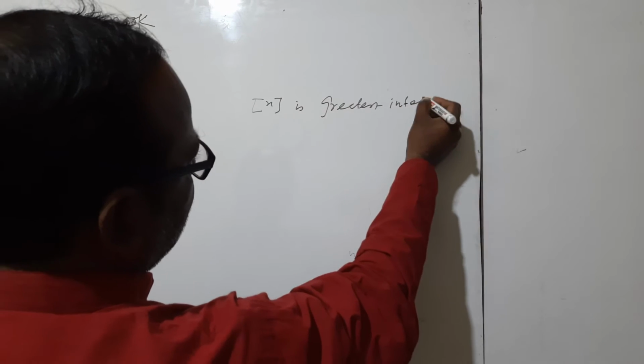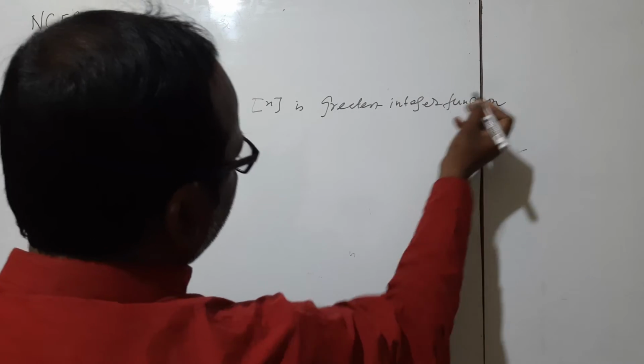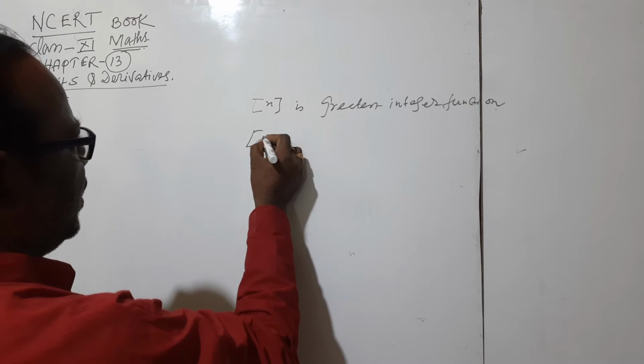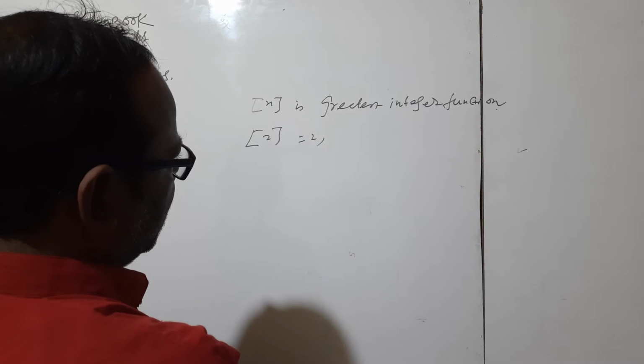Greatest integer function. For that, if we take 2 as x, we get 2.